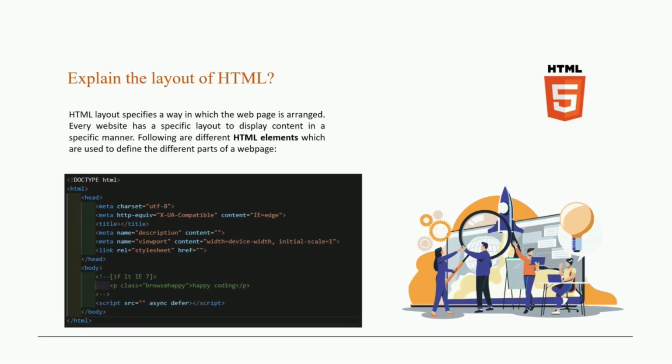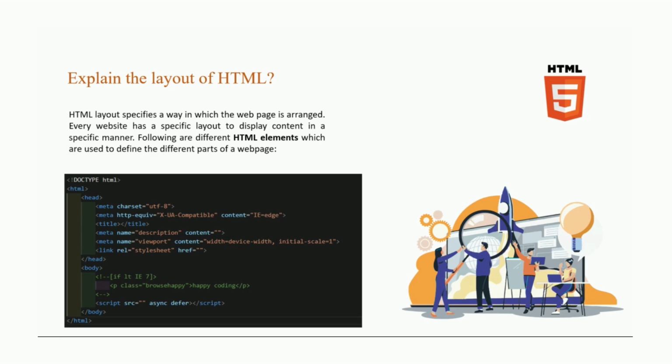Layout of HTML. HTML layout specifies the way in which the web page is arranged. Every website has a specific layout to display content in a specific manner. Following are the different HTML elements which are used to define the different parts of the web page.